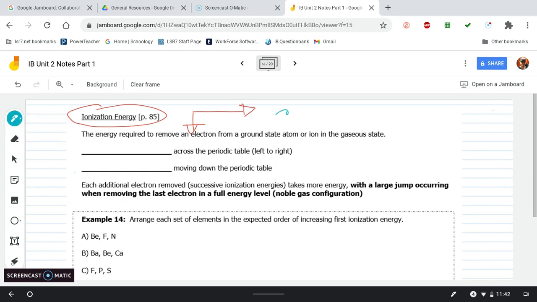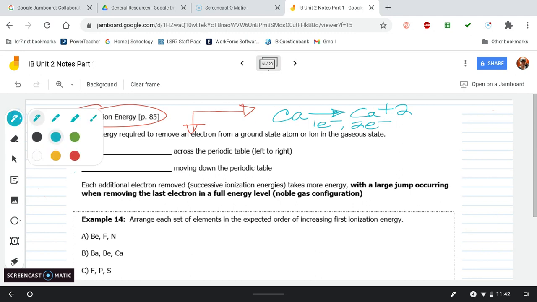So let's say you have something like calcium and you want to turn it into calcium plus 2. Well, that takes energy because you're going to have to remove one electron and then remove a second electron. So every time you take an electron away from an element, it's going to resist because the nucleus is holding on to those electrons.